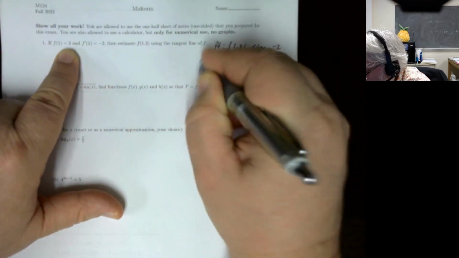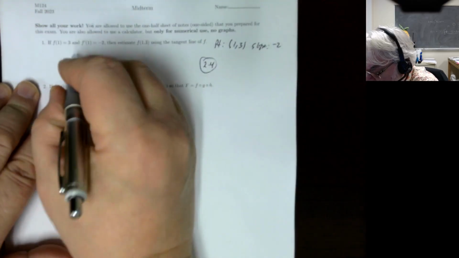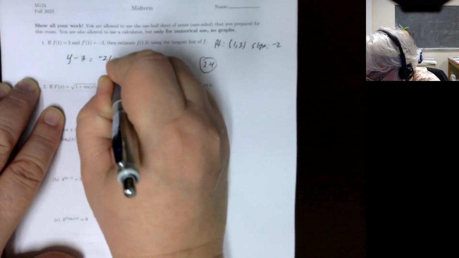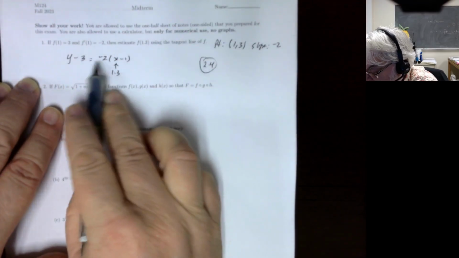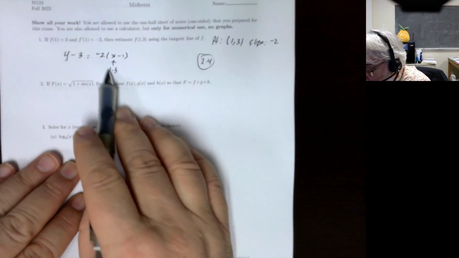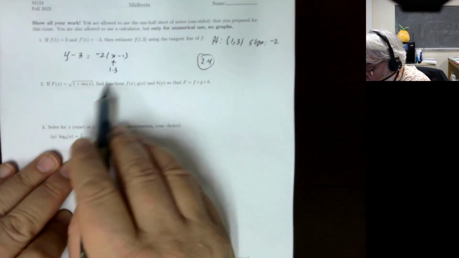I get 2.4. Okay, so if you didn't like the reasoning version, you could always just write down the equation of the line. y minus 3 is equal to minus 2 times x minus 1. Plug in 1.3 and solve this for your y, and you should get 2.4. So notice, right, when you subtract, you get negative 0.6 and then add 3.